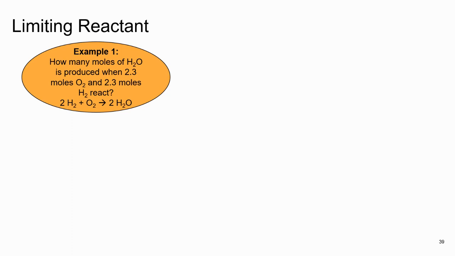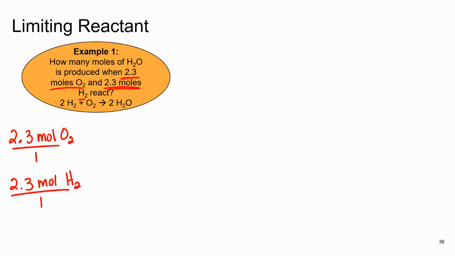So this problem says how many moles of water is produced when 2.3 moles of O2, there's one known, and 2.3 moles of H2 react. So we have two known given values. 2.3 moles O2 is one known. The other known is 2.3 moles of H2.